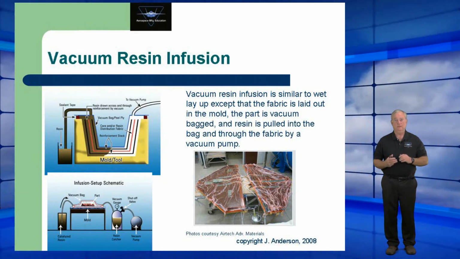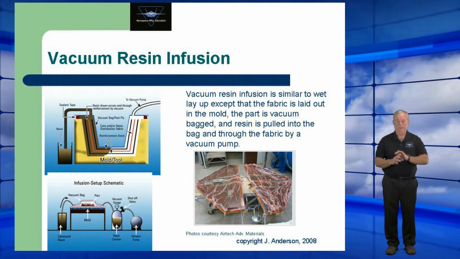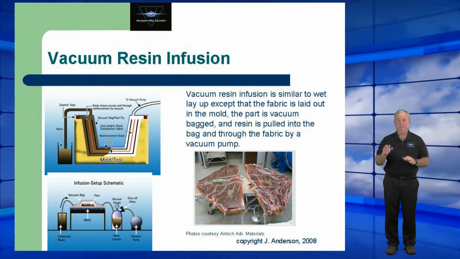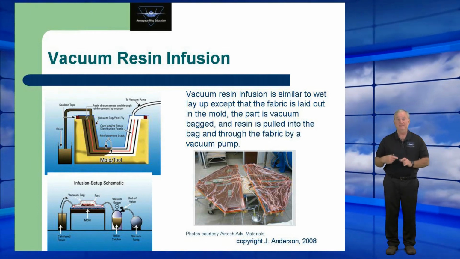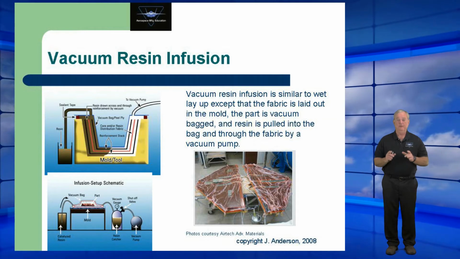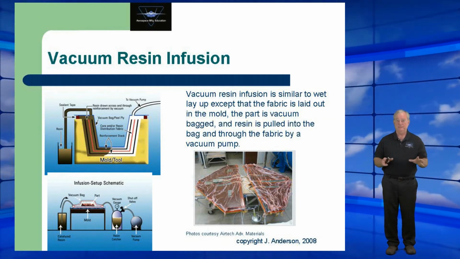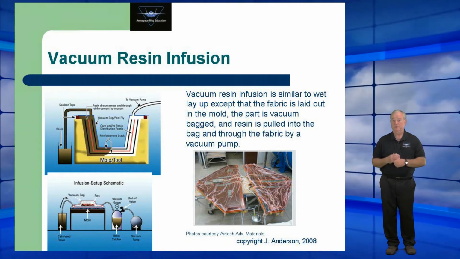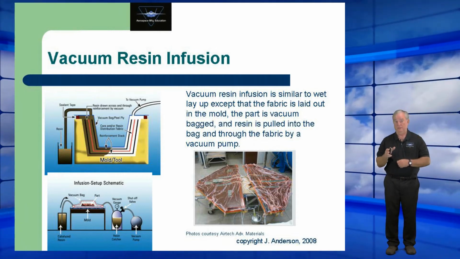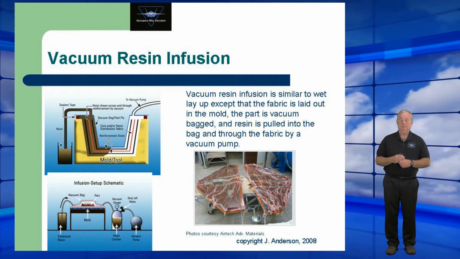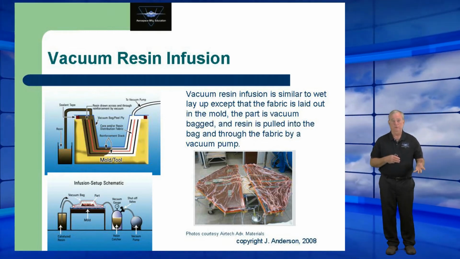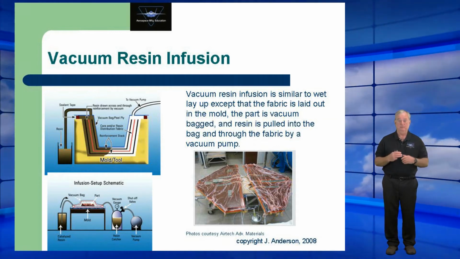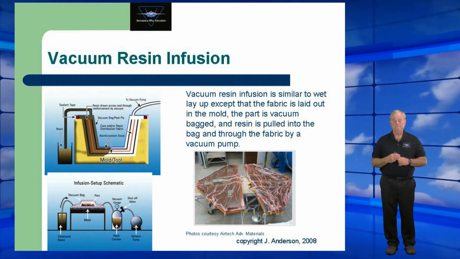If we just take a brush, for instance, and do a wet layup, so we lay the fabric onto the mold, we take a brush and we brush on plenty of plastic, and then use our vacuum bag to push the excess out of the way, we've wasted a lot of plastic and we've caused a trimming process to have to be done in the final cured part. And then there's the question of what do you do with the cured trim material. Since it's a thermoset, it can't be easily reused.